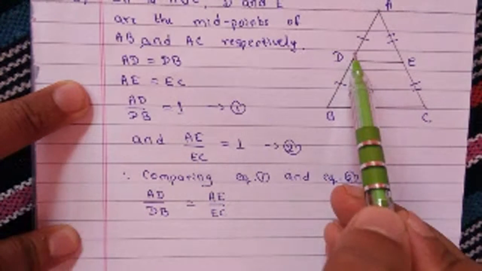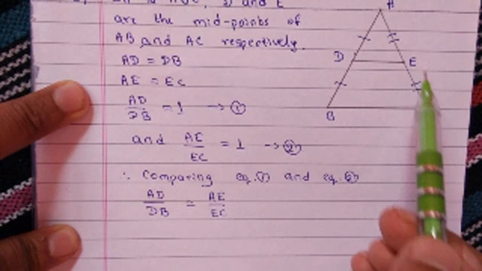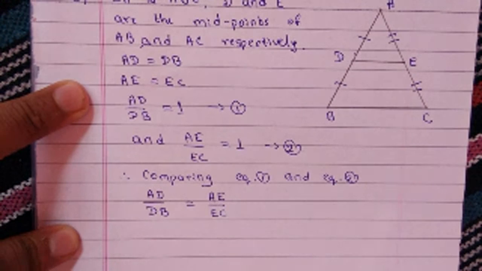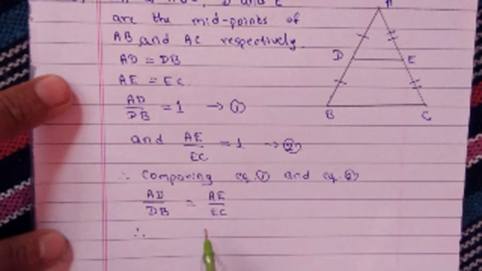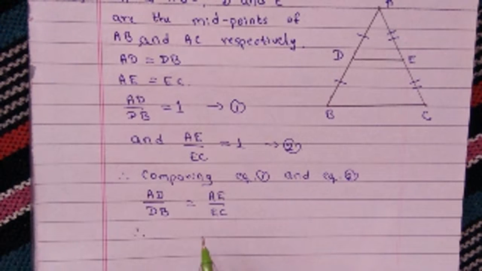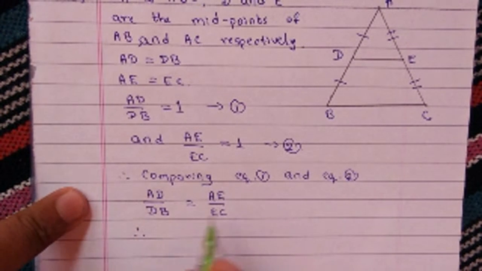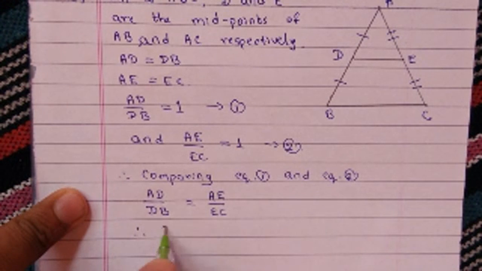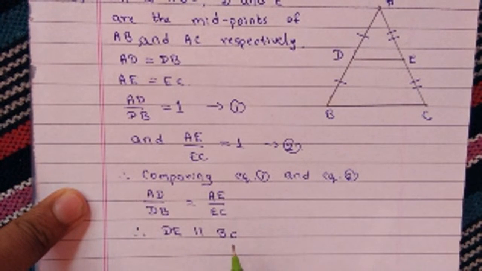Since the two ratios are equal, the lines are parallel to each other. Therefore, DE is parallel to BC, by using the converse of Thales theorem.